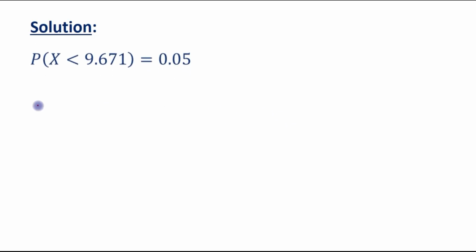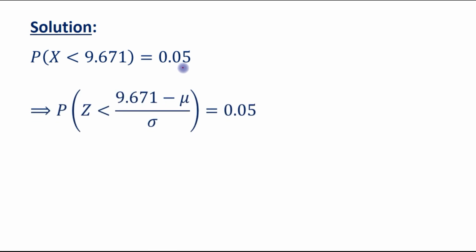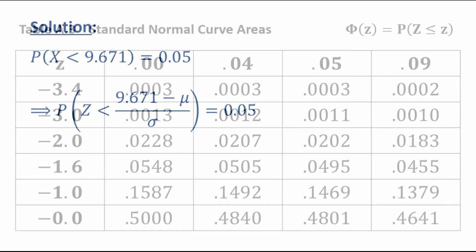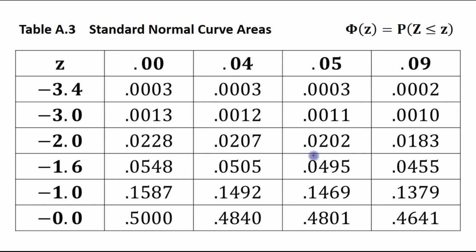We can write the probability that x less than 9.671 equals 0.05. In the next step we can write it in this form. Now we will look for the area 0.05. So basically for 0.05, the value of z will be minus 1.645.